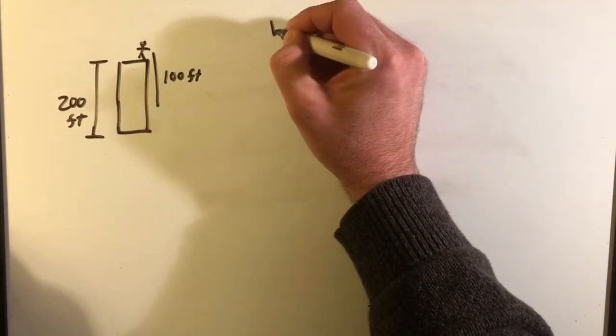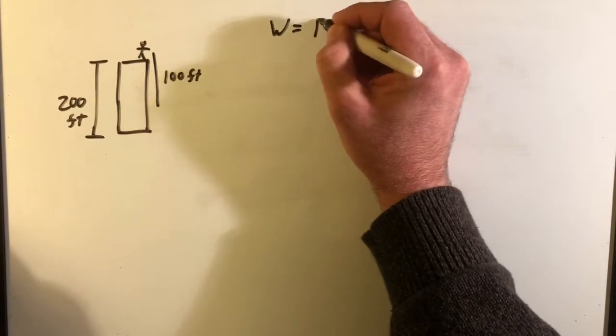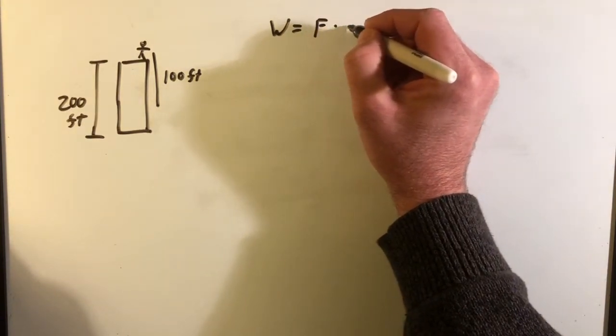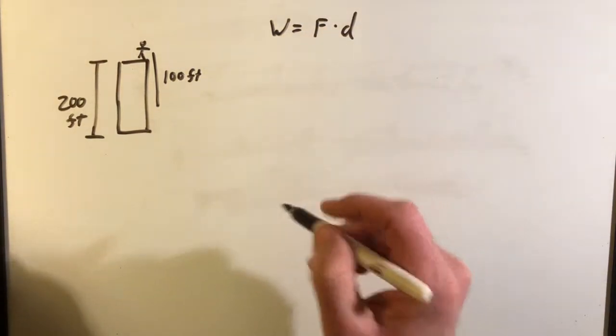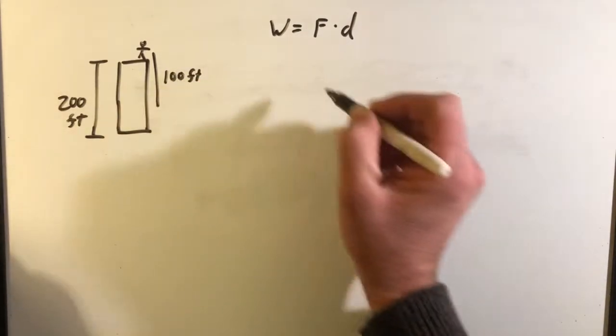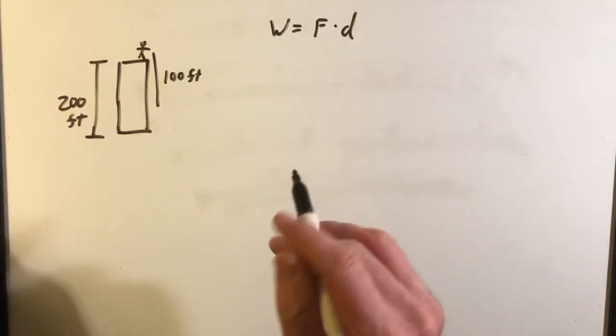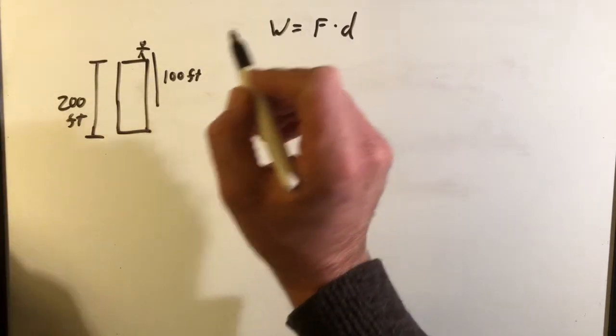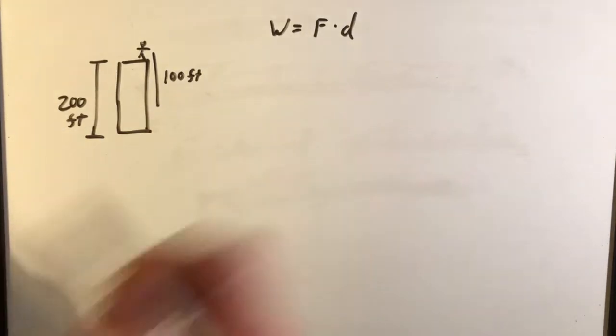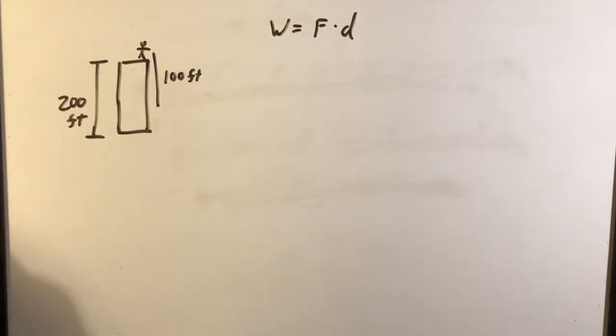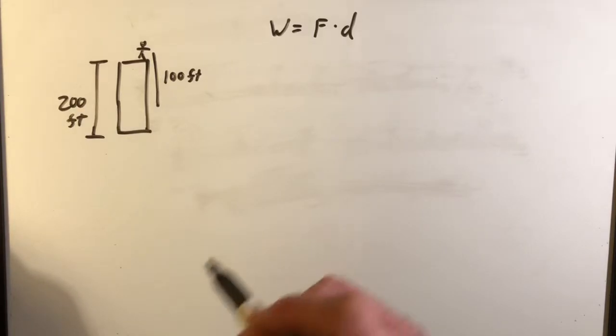Remember that work equals force times distance. You just have to set up the problem correctly. The force is going to be reducing as you pull more and more of the rope over the edge.